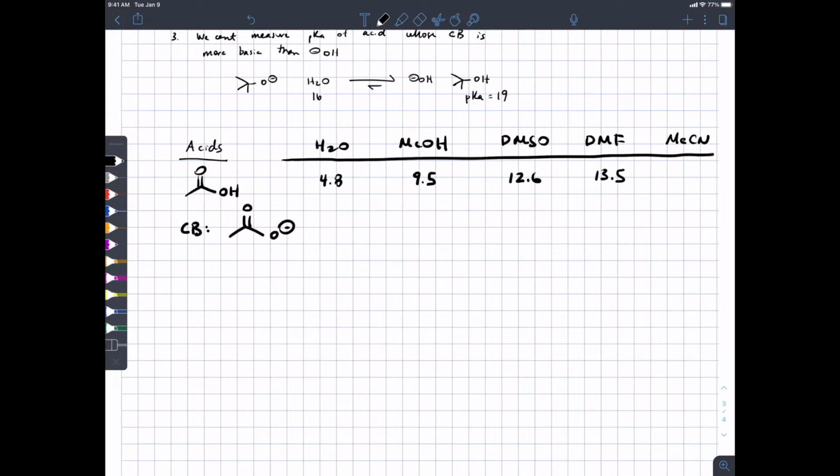Negatively charged. Okay, so why do you think our pKa's go up so much as we switch from water to methanol? The conjugate base is stabilized more.